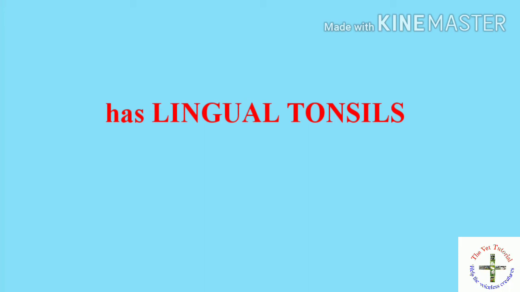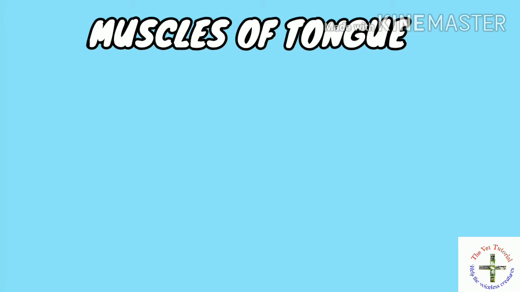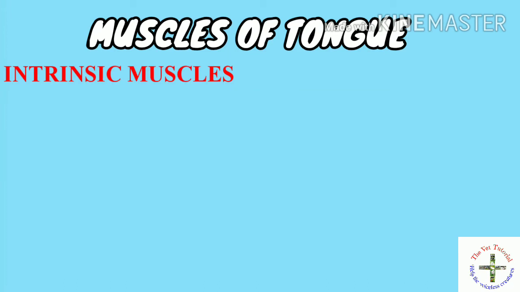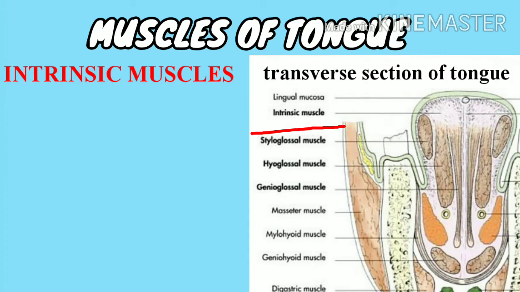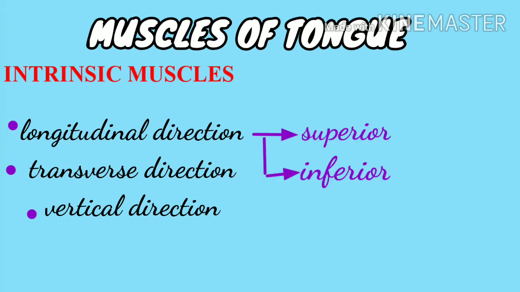And then let's study about the muscles of tongue. The bulk of the tongue is formed by the muscles, which are extrinsic and intrinsic varieties. The intrinsic muscle consists of bundles of skeletal muscle which are directed in longitudinal, transverse and vertical direction. Generally, the longitudinal muscles are disposed in two layers, that is superior and inferior.